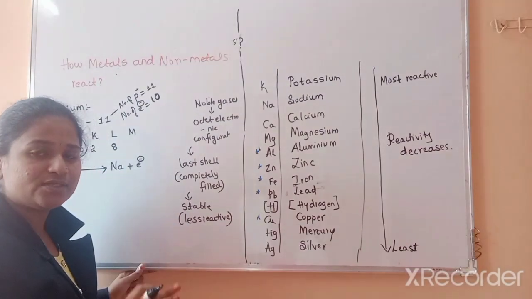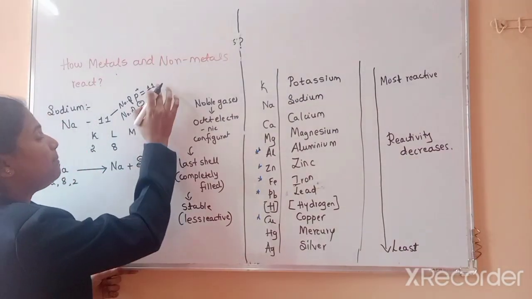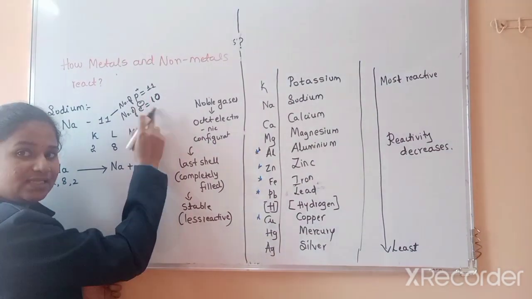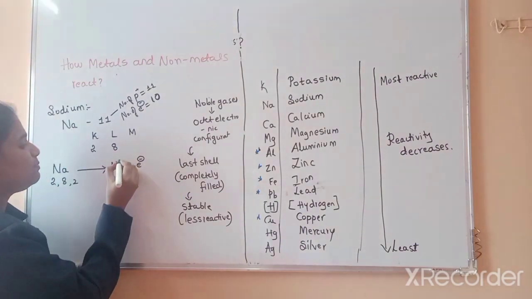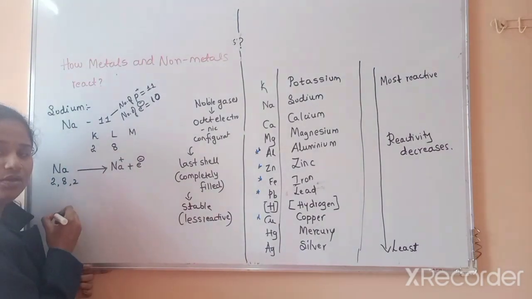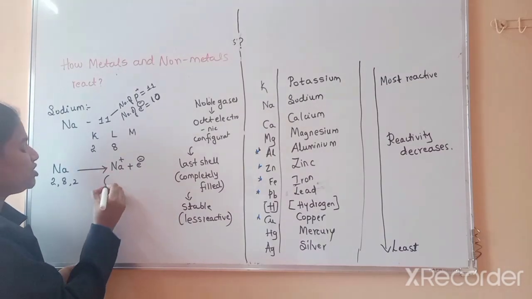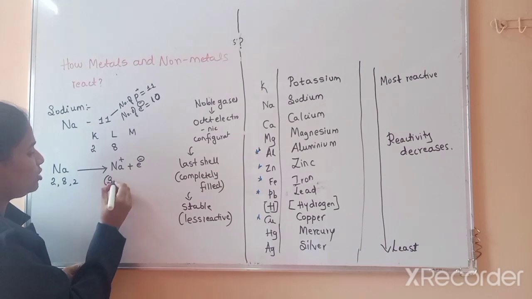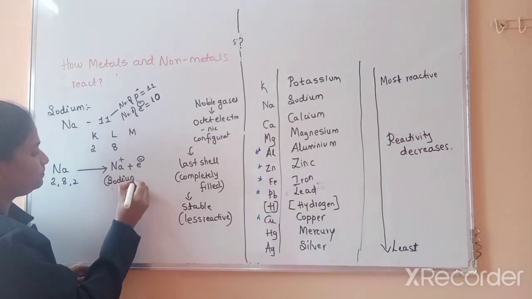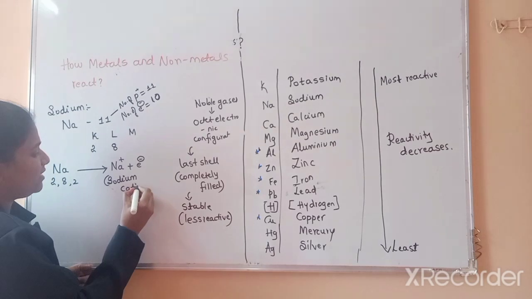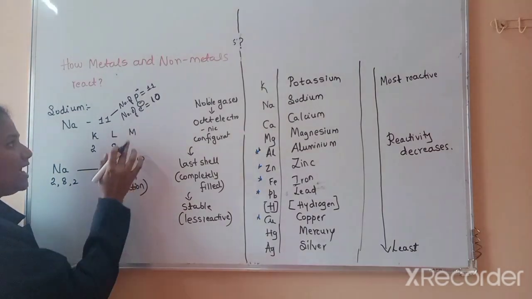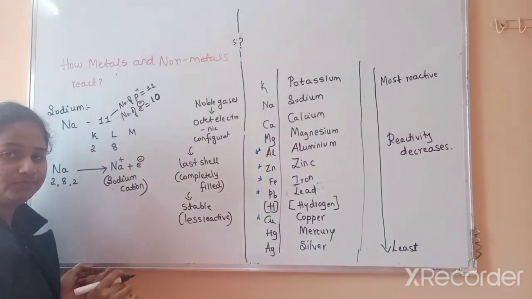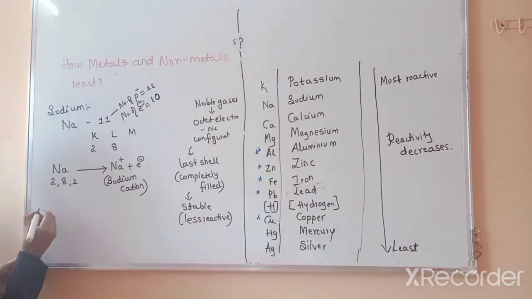The number of positive particles is more and negative particles are fewer. That is why Na, sodium, attains a positive charge. So we call this Na plus, the sodium cation. Why cation? It got a positive charge as protons are 11 and it lost 1 electron. Similarly, let us take chlorine.